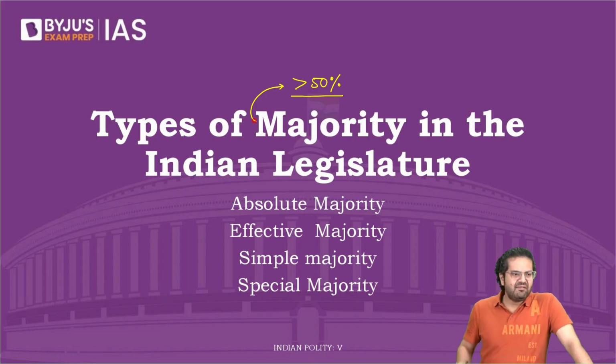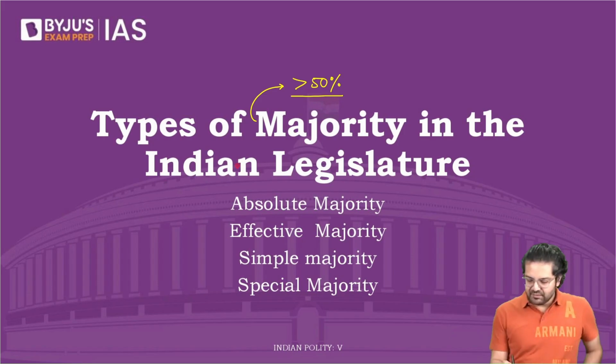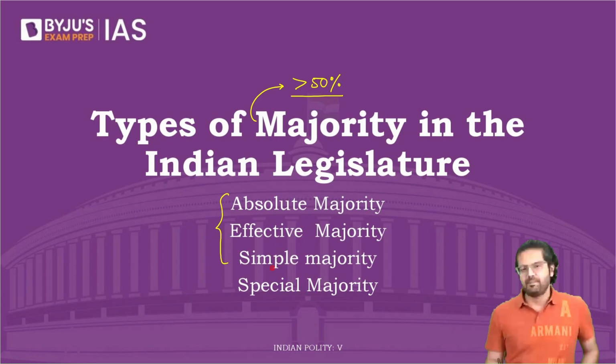Because ultimately, everything in the voting, it is just that for what kind of decision or for what kind of activity, what kind of voting is required is the only point of difference. So, because of that, we have 3 types of majorities called absolute, effective, and simple. Let's see one by one what are these majorities.